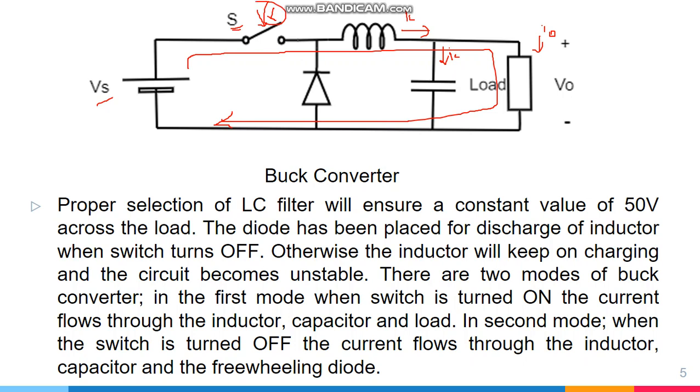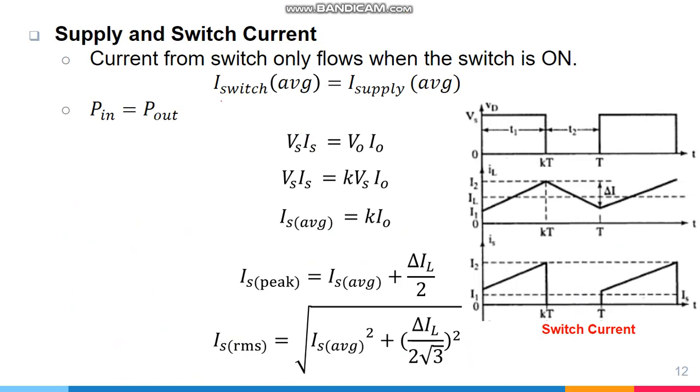You can see here that the switch is open and the current cannot be supplied by this supply in that case. Since the switch and supply are both in operation during mode 1 when the switch is on, the average value of the current from the supply is equal to the average value of the current from the switch.